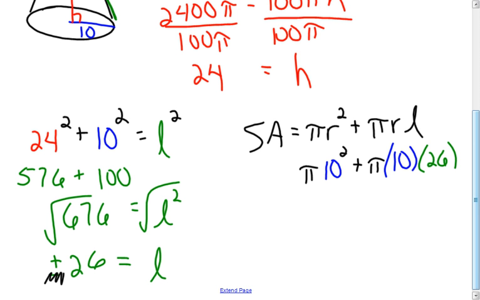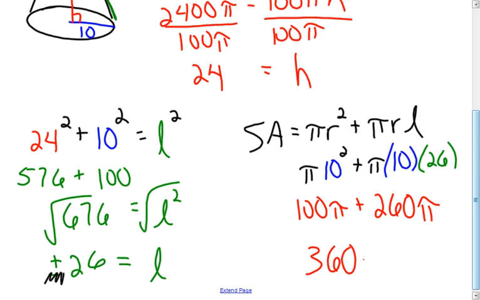Go ahead, do a little multiplying and a little adding, and we're going to have this taken care of. Well, 10 squared is 100, so I have 100 pi, plus 10 times 26 is 260, and then times pi. So add those together, and we end up with 360 pi. This was all, I thought it was inches, but let me double check.